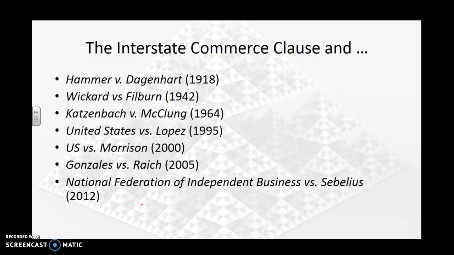Lots of very good things. But the thing about the Interstate Commerce Clause is that the extent to which the federal government is allowed to use that to regulate stuff generally is going to be determined by the Supreme Court.